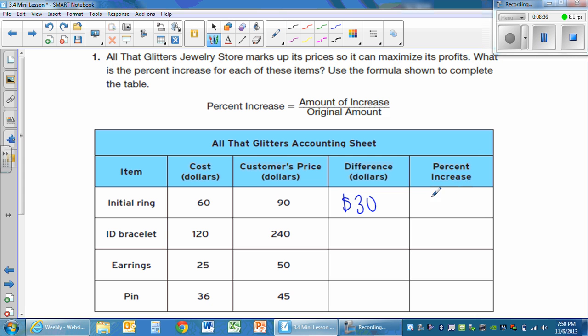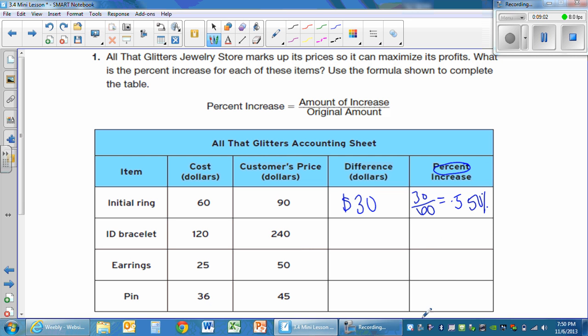We take the amount of increase, which again was $30, and we divide it by the original amount. The original amount, again, is what the store had paid for it in the first place, which would be 60. 30 divided by 60 gives us 0.5 or 50% because we're looking for a percentage.